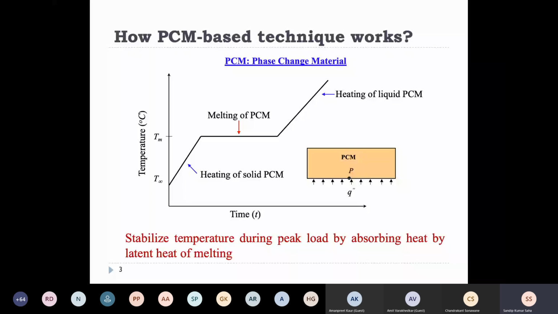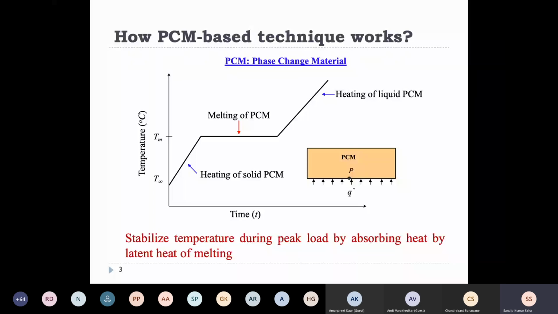So there, a PCM-based cooling technique may not be useful in that sense, but you can apply this material in those cases where there is some base load cooling system and you are using this type of material for taking care of peak load thermal management. Then you can easily see that it's a cyclic type of operation.